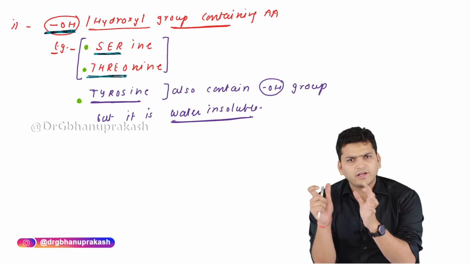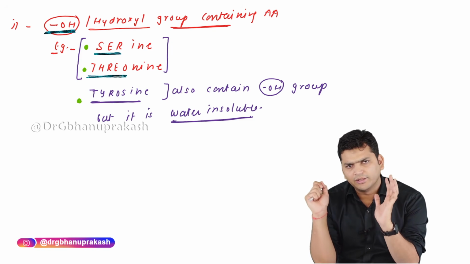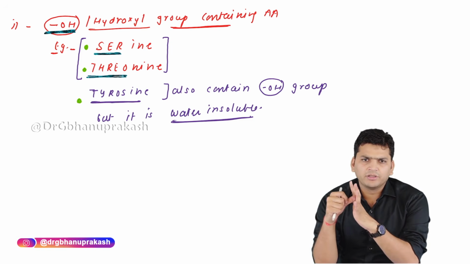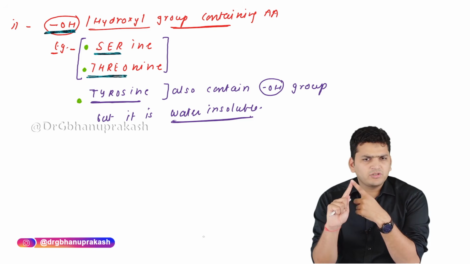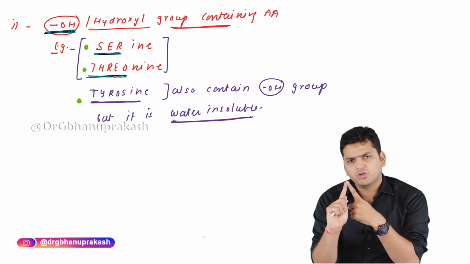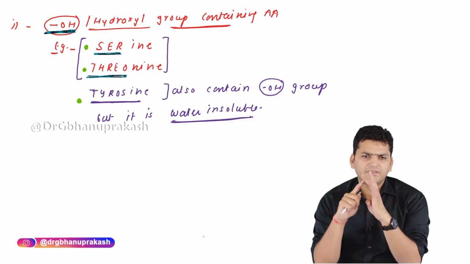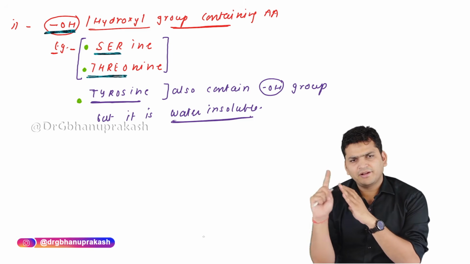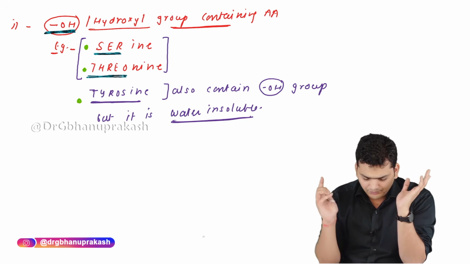That is serine and threonine. Tyrosine, despite containing a hydroxyl group, is not water soluble. That is why we are writing it in a separate line, because it's hydrophobic.